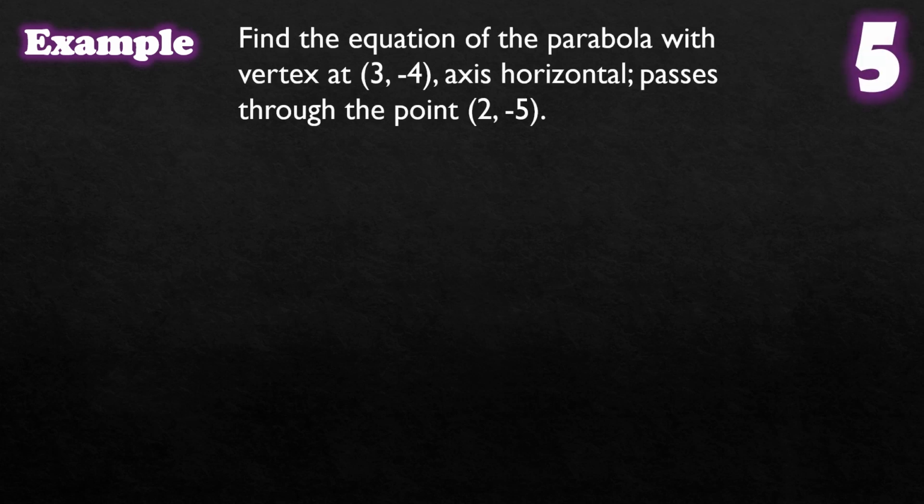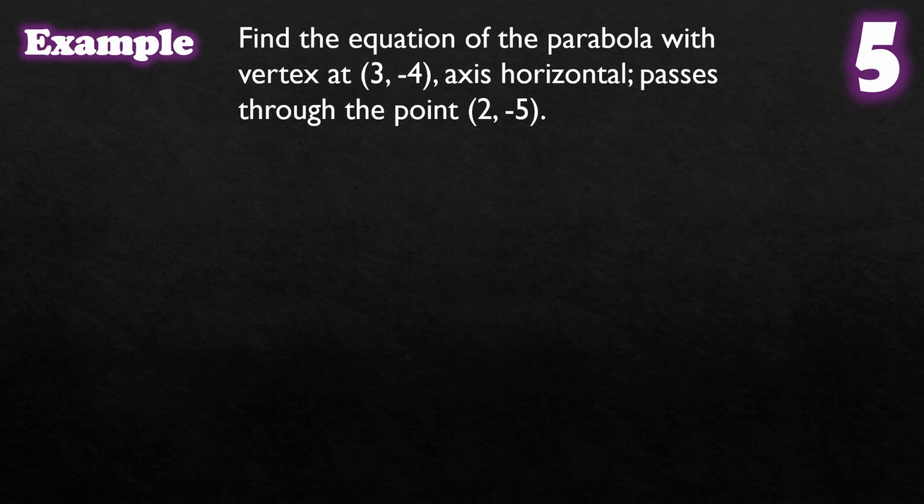Find the equation of the parabola with vertex at 3, -4, axis horizontal, and passes through the point 2, -5. We are given the vertex at 3, -4, and the axis is horizontal.